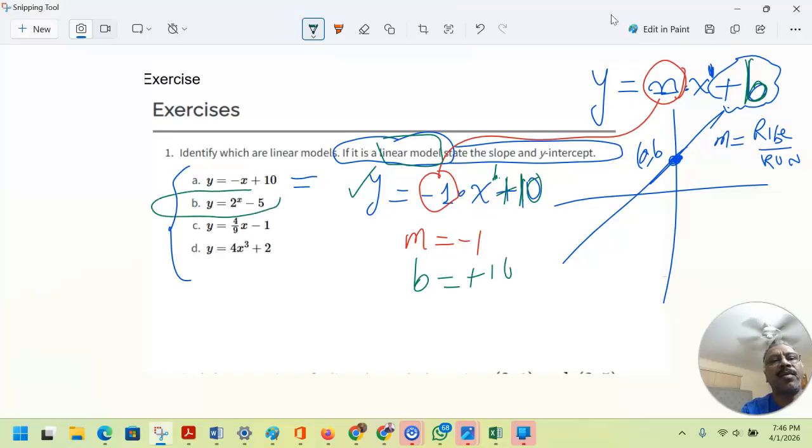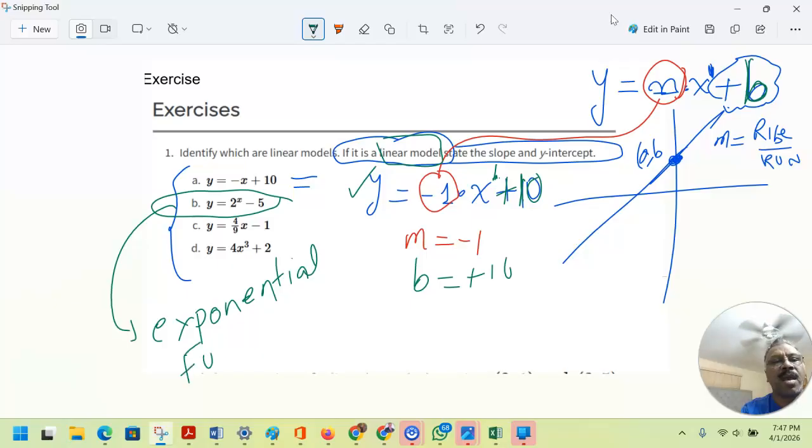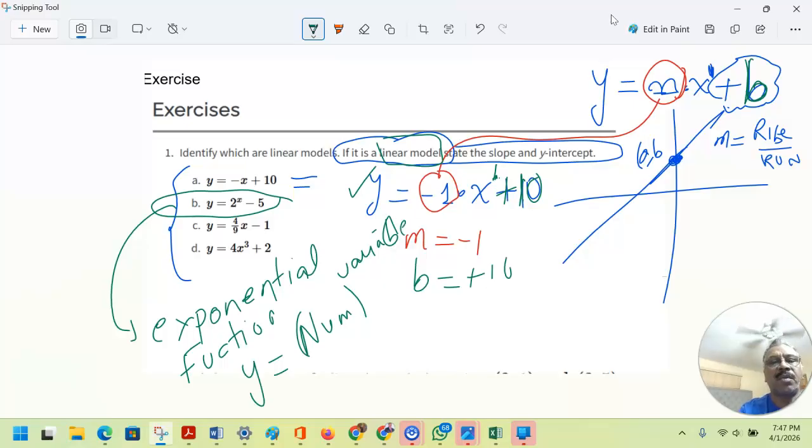Now in the second one, we will see in the next week, maybe we'll be doing exponential functions. So what is an exponential function? It basically means the output is some number raised to a variable power, so the variable has to be in the exponent.